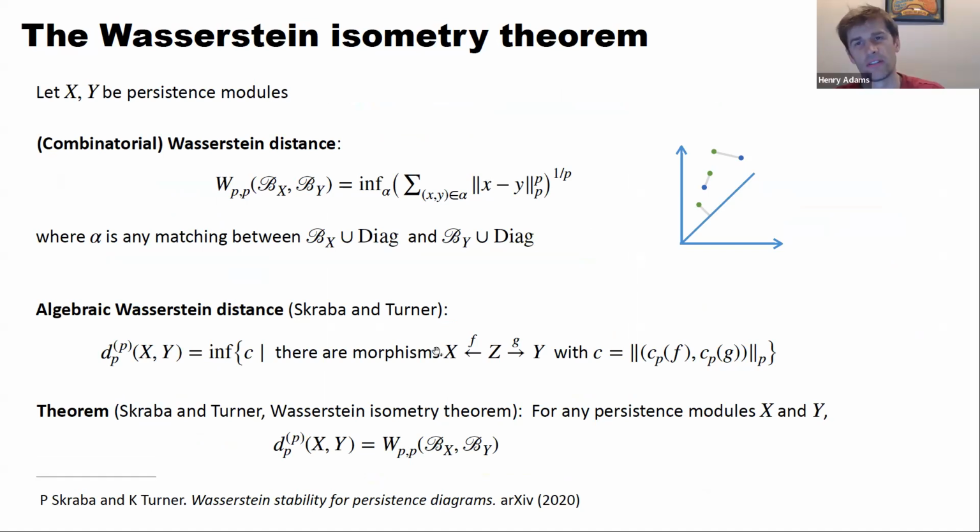The algebraic Wasserstein distance for p equals infinity coincides with the interleaving distance. This can be seen in a few different ways, but for different p's, it's unclear to me what happens geometrically with sublevel sets of functions.